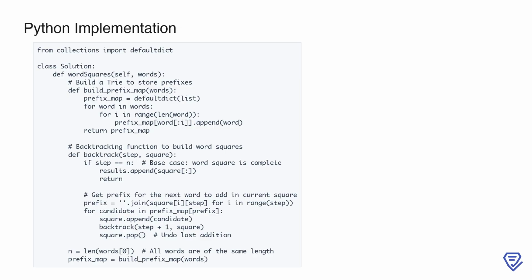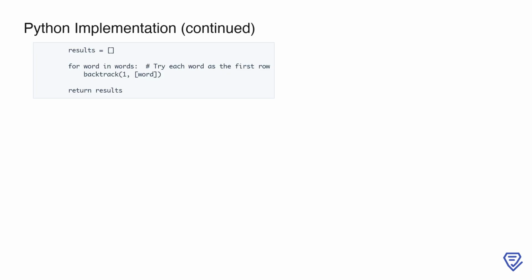Finally, we initialize n as the length of the words, which is consistent for all words, and call build_prefix_map to prepare the prefix lookup table. With the prefix map ready, we now define an empty list called results to store our final word squares. The main logic begins by iterating through each word in the input list. For each word, we treat it as the starting row of a potential word square.